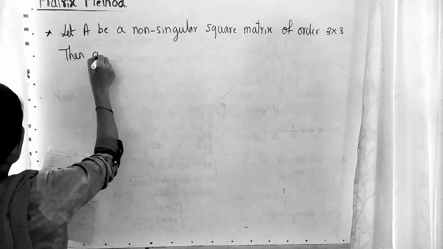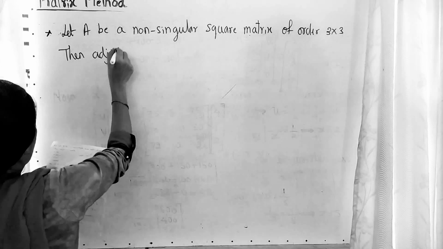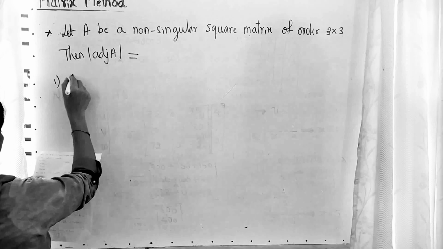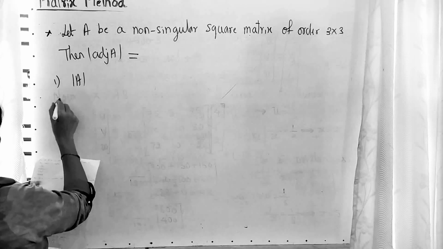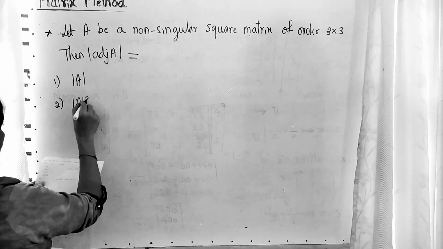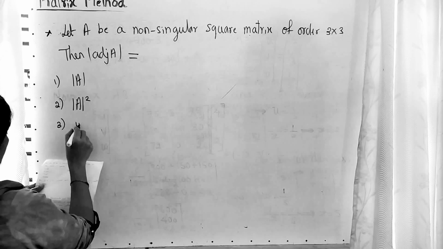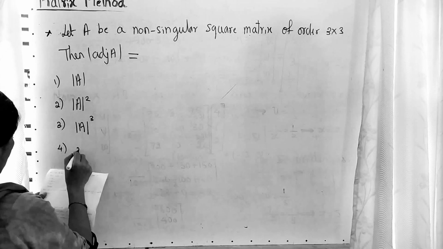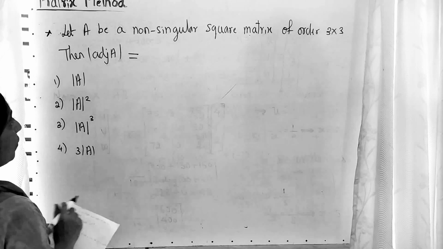Then determinant of adjoint A is equal to, first option determinant of A, second one determinant of A square, third one determinant of A cube, fourth one 3 into determinant of A.